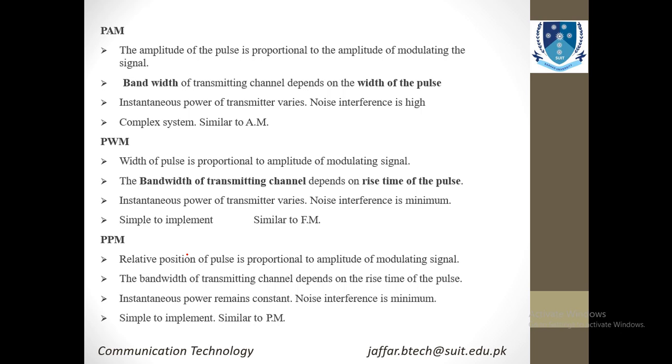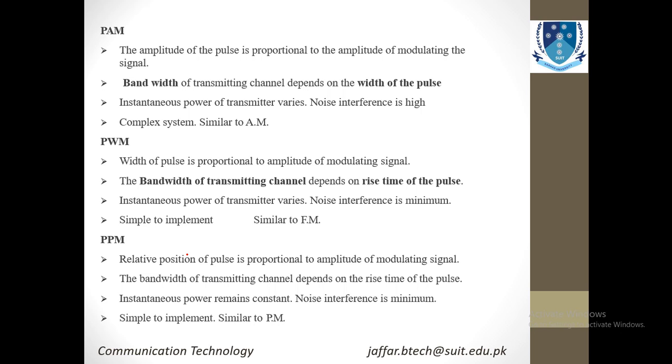So let's compare and recall all of these pulse modulation techniques that we discussed. The first one was PAM, in which the amplitude of a pulse is proportional to the amplitude of the modulating signal, and the bandwidth of the transmitting channel depends upon the width of the pulse. Instantaneous power of the transmitter varies, and the noise interference is high.